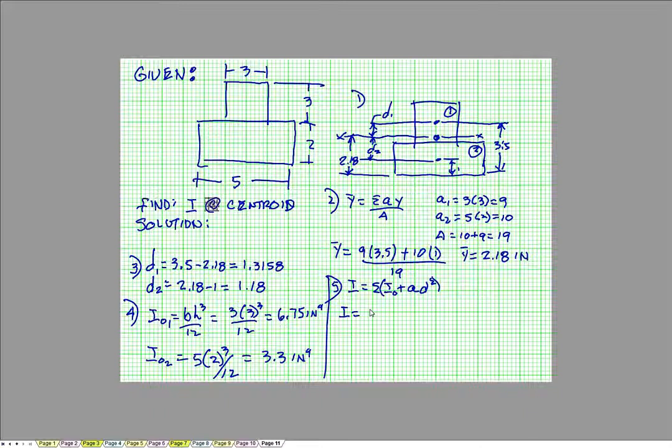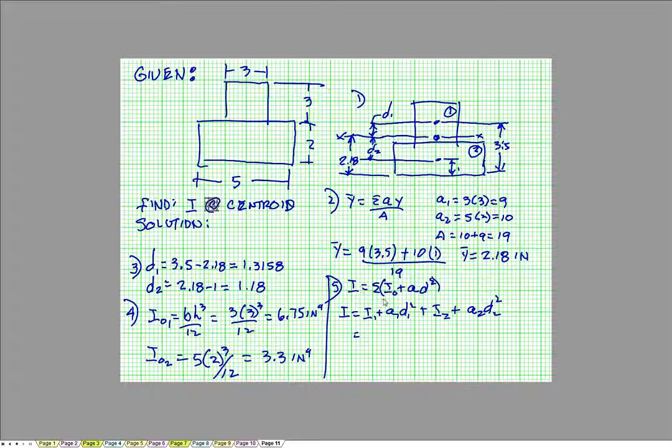Let's see. Yeah, I'll go ahead and write it out this time. So that is I1 plus A1 D1 squared plus I2 plus A2 D2 squared.